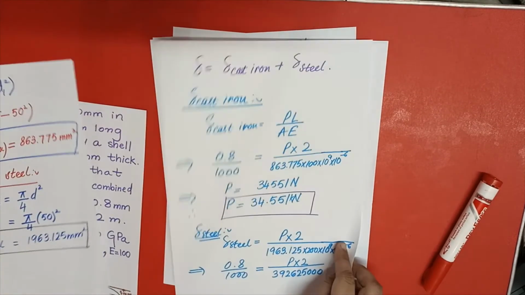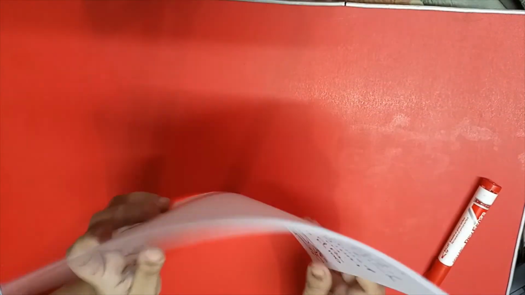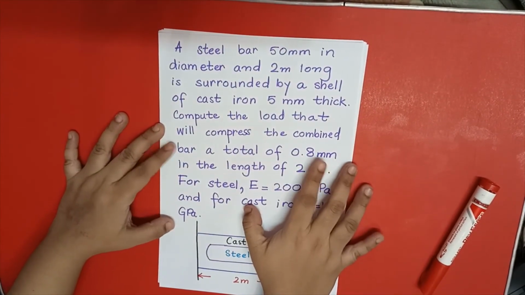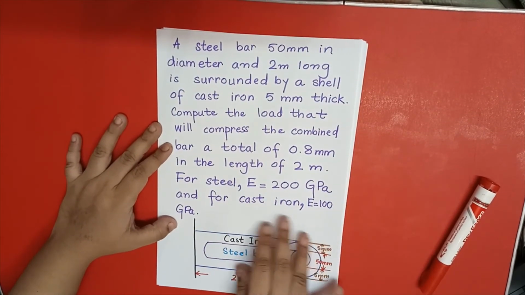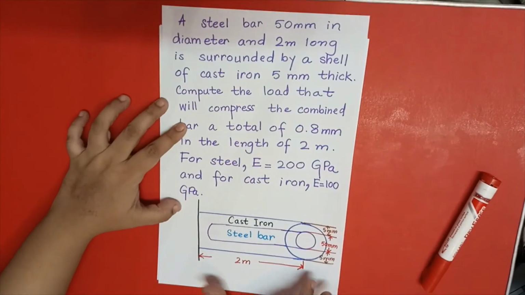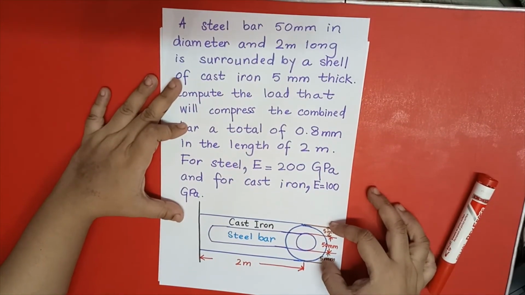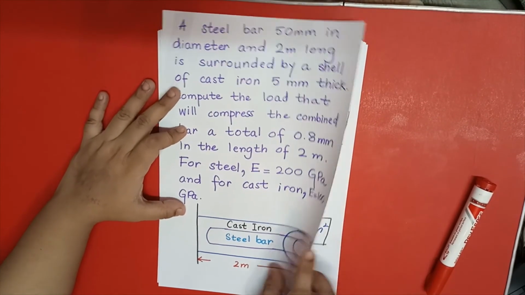So you can see over here what I have done for this numerical. Compute the load. It is asking us to find out the load, and deformation is given to us. Total deformation 0.8, and modulus of elasticity for the steel and cast iron was also given. This is 2 meter, and this is 60 millimeter for the whole bar diameter, and this diameter is only for the steel bar.